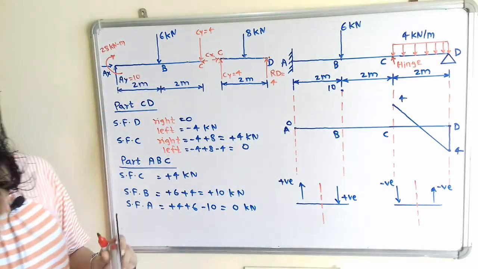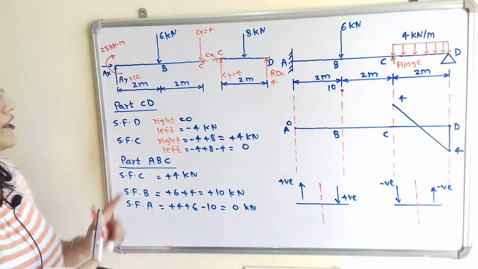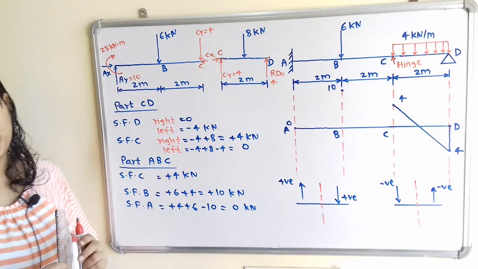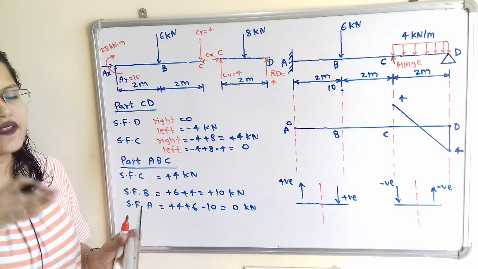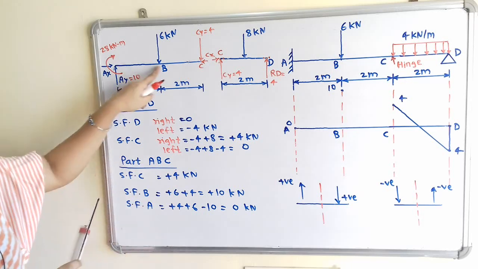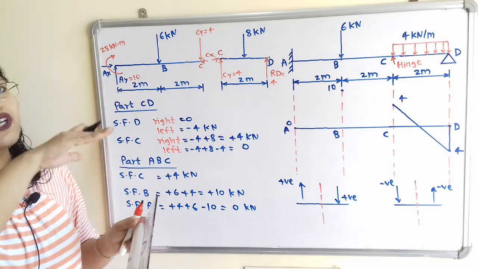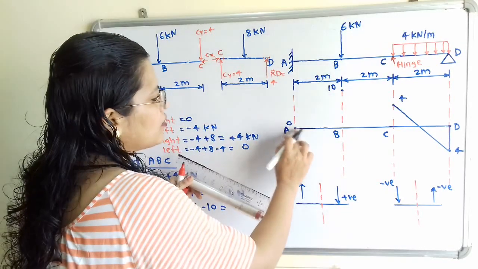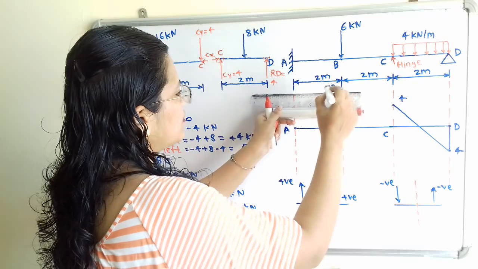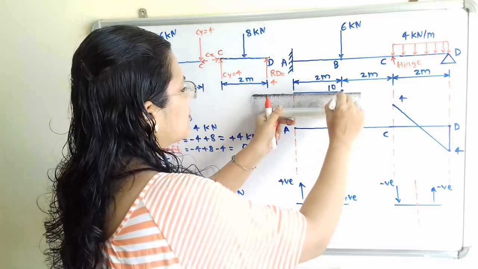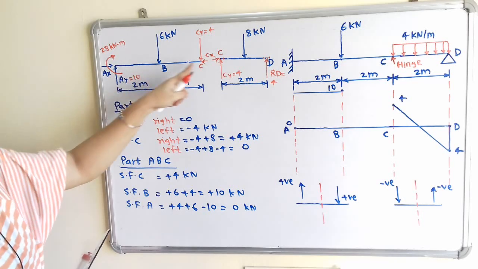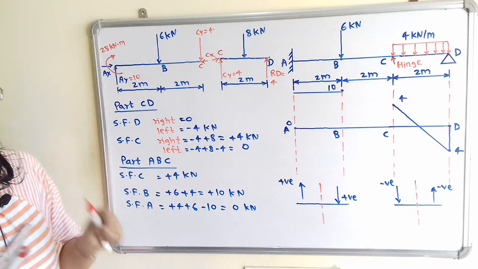Now important point, how to connect all these points. If we observe, span AB is having only point load. So we know that whenever point load is given, for that span we have to show the constant line for the shear force. So along the span AB, I will show here one constant line. Then for part BC, so part BC is also having the point load.